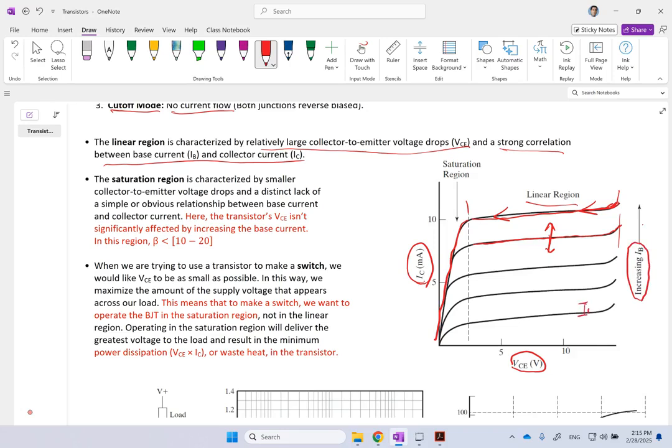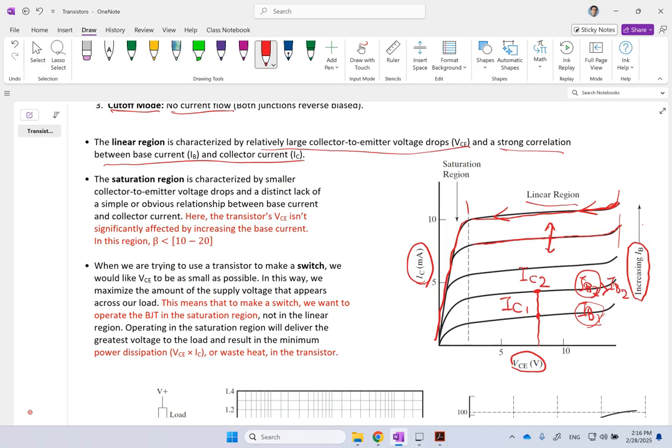So if this is IB1 and this is IB2, which is bigger than IB1, clearly you see that for the same voltage, IC2 is also bigger than IC1, and the difference between IC1 and IC2 is very similar to the difference between IB1 and IB2. So IC and IB are highly correlated.